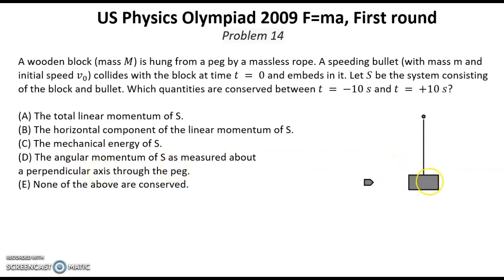It's conserved before collision, but after collision, when this system starts to rotate counterclockwise, we have gravity force which is acting clockwise, so it's changing angular momentum, and D is not correct answer. And answer E, none of the above are conserved, which is true. So correct answer is E.